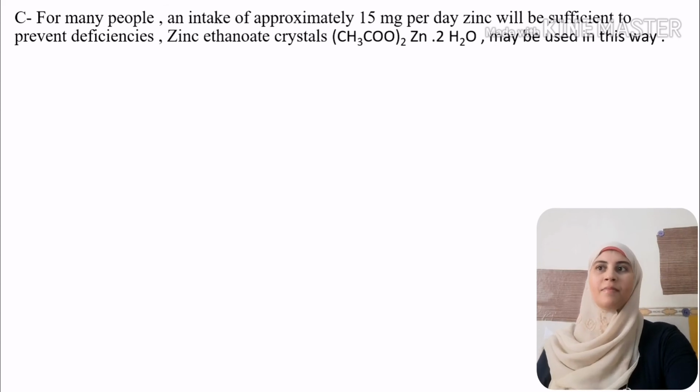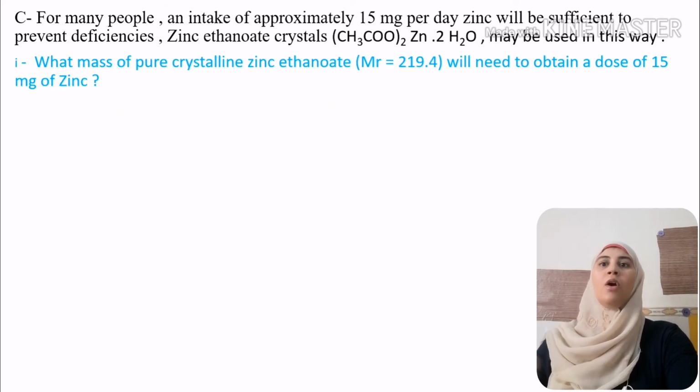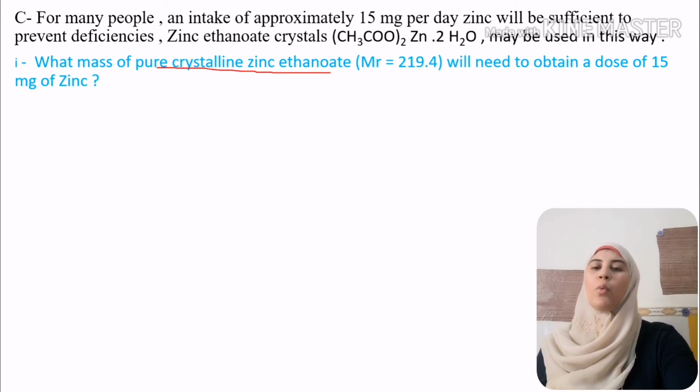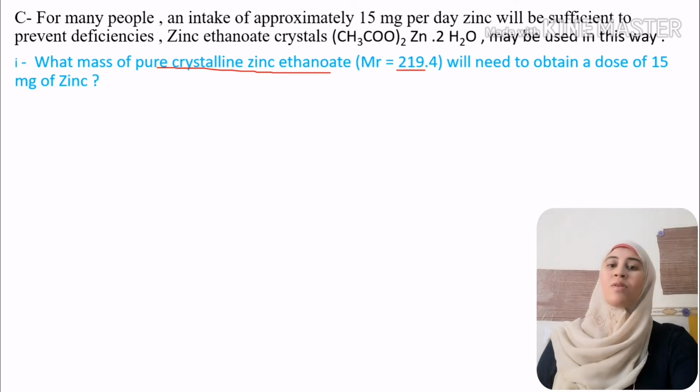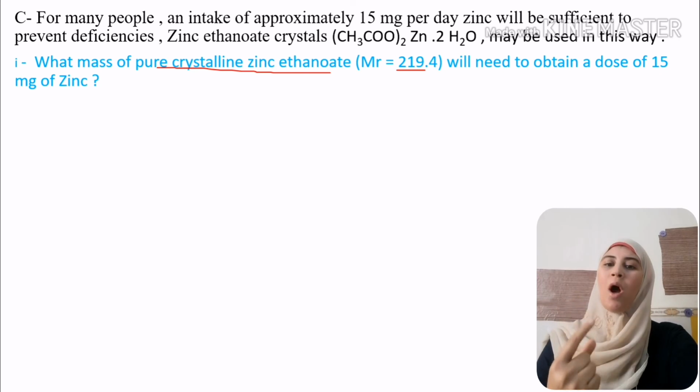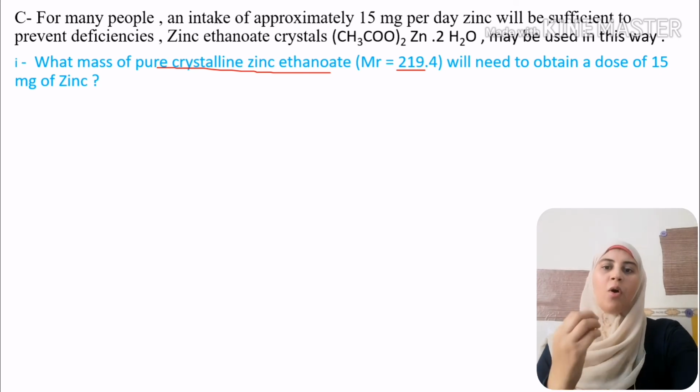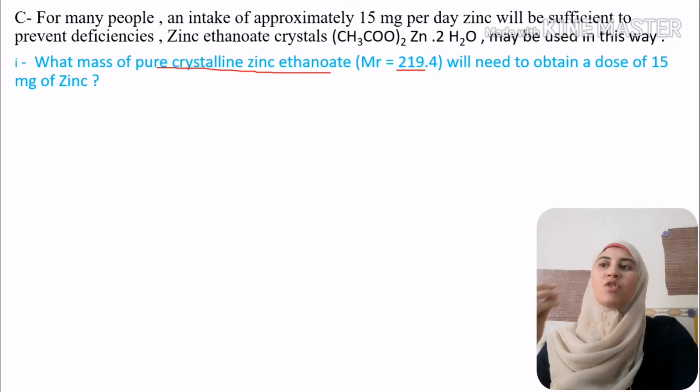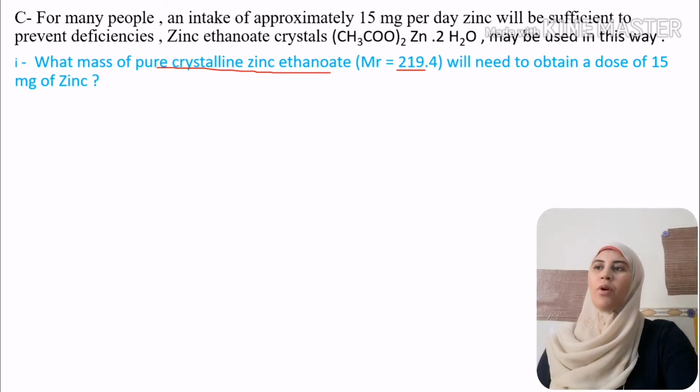So, what mass of pure crystals of zinc ethanoate salt? Its relative molecular mass is 219.4 gram. So the mass of each 1 mole of zinc ethanoate is 219.4.